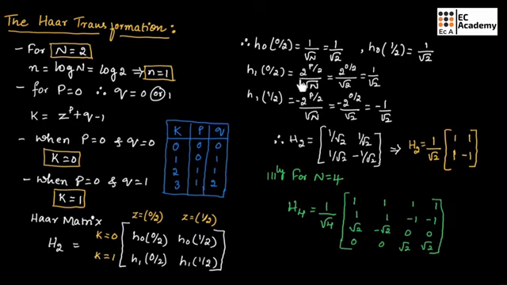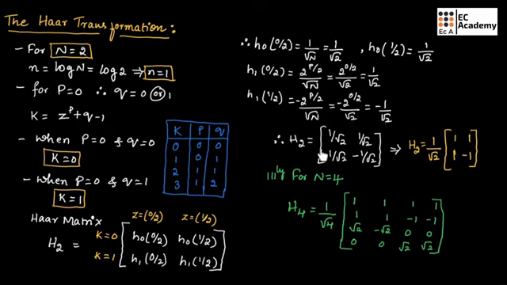h1(0/2) will be equal to 2 to the power of p by 2 divided by square root of N, that is equal to 2 to the power of 0 by 2 divided by root 2. So here the values of p as well as N are substituted. So we'll get 1 by root 2. h1(1/2) will be equal to minus 2 to the power of p by 2 divided by square root of N. If we substitute the values of N and p, we will get minus 2 to the power of 0 by 2 divided by root 2, that is equal to minus 1 by root 2.